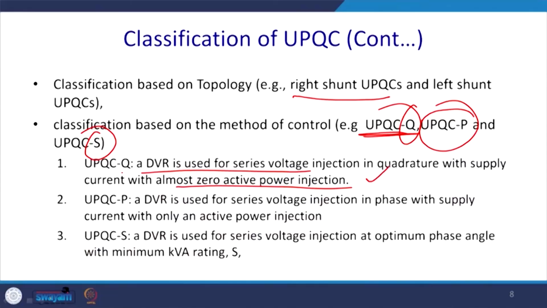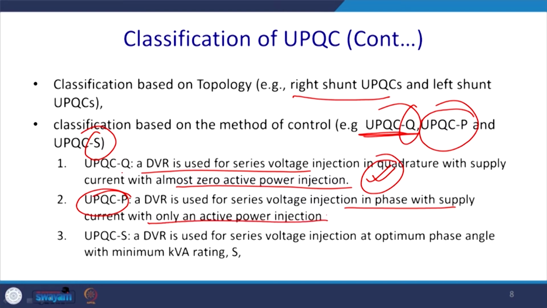So those losses have to be accounted for. Thus its power consumption is less, but it can only compensate the reactive power. The second case is UPQC-P, which uses in-phase series injection, that is, in phase with the supply current with only active power injection.